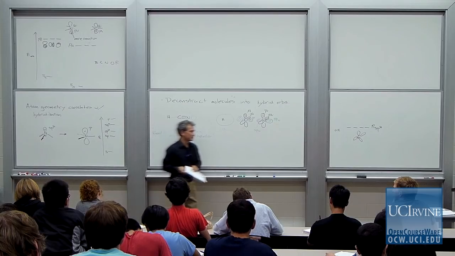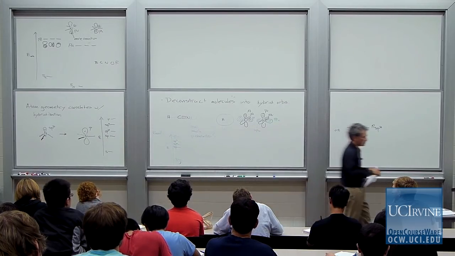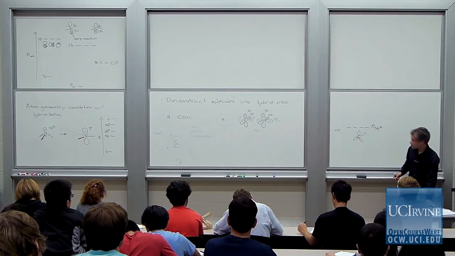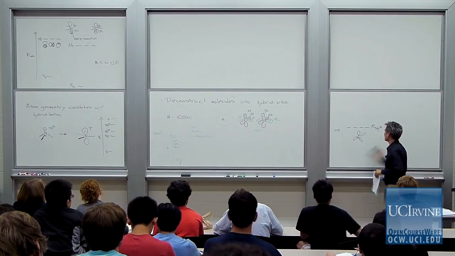Now let's put some numbers on this. I keep telling you it's important to think about p character. Let's put some numbers on how important it is to think about p character.